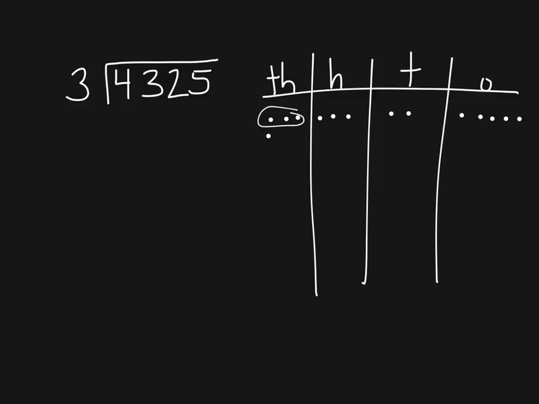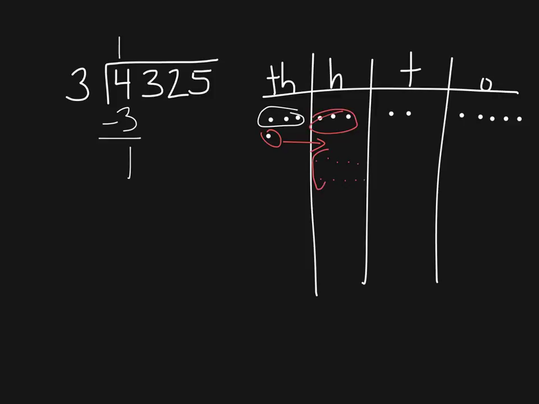So I can make one group of 3, and that used up 3 of my thousands. So I have 1,000 left over that I need to regroup. And now I can make more groups of 3.